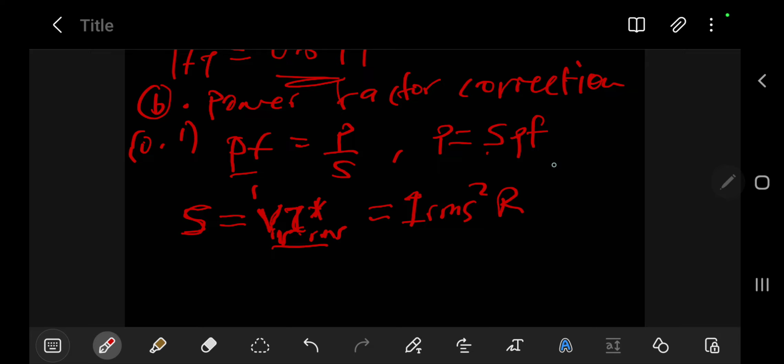So maybe we can say that we want the power factor to be approximately equal to 1. It can't be exactly 1, but it may be 1, and we know that a power factor of 1 is in fact that of a resistor, which means the current and the voltage are in phase.